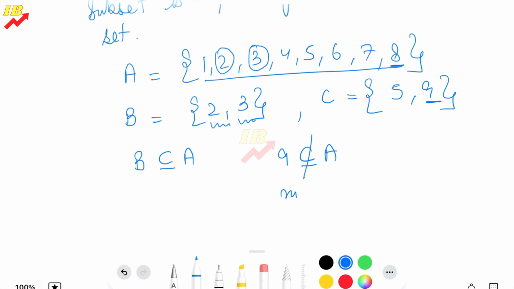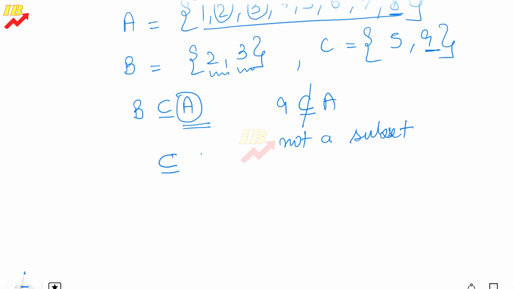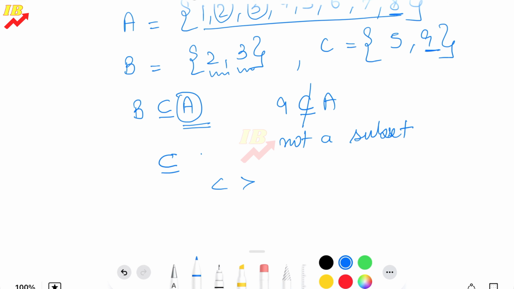So it is not a subset. This sign indicates the subset. The bigger mouth stands for the bigger set, so that's why we are calling this a main set. It is just like the greater and the lesser sign that we draw in inequalities. It's just the same thing.